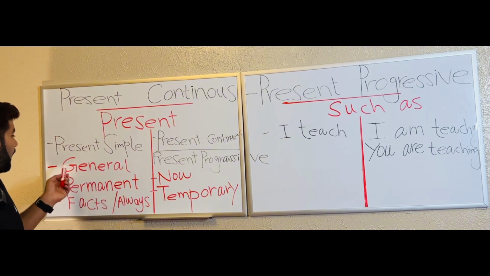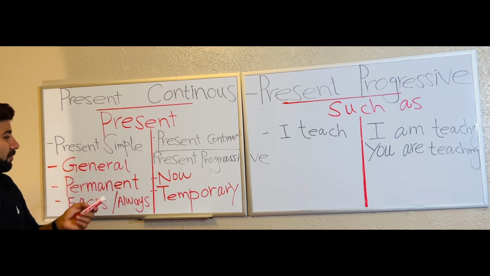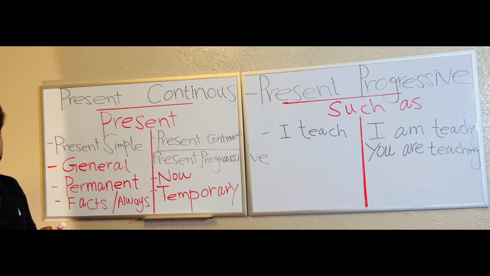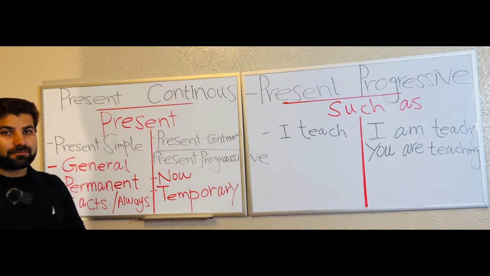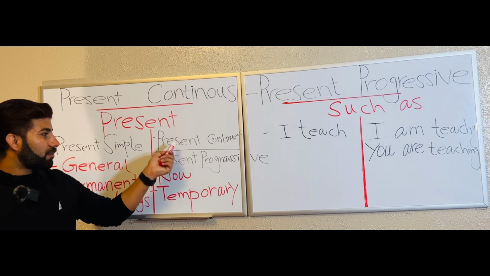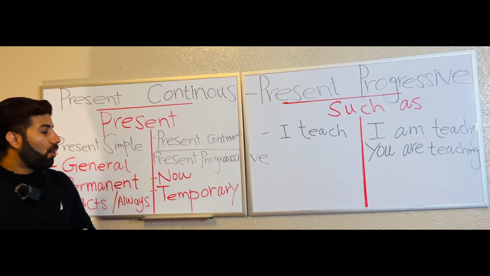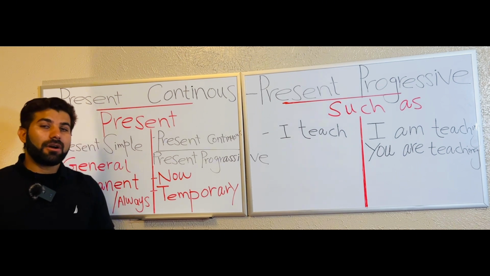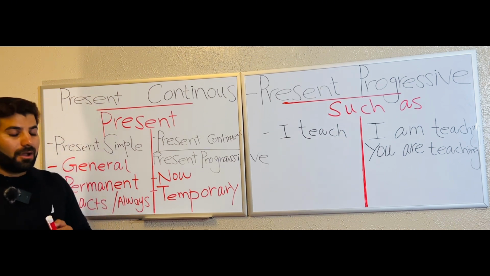So when we say present simple tense, we can use it for general information, for permanent situations, for facts or always actions. On the other side, present progressive or present continuous tense, we can use if some action is happening right now or is temporary.